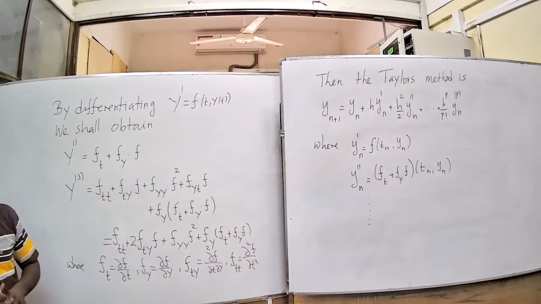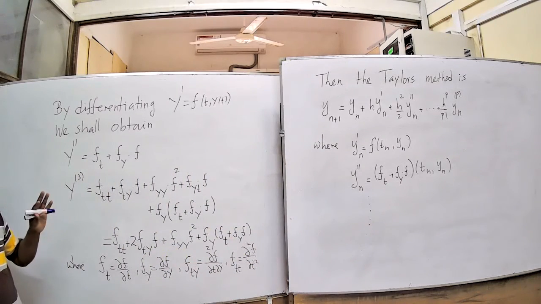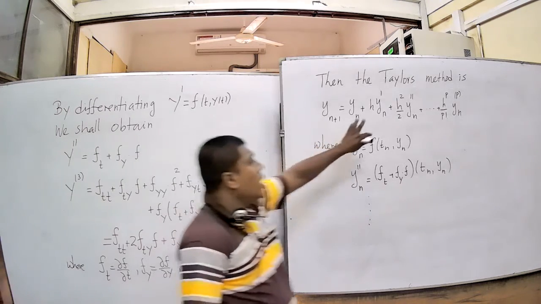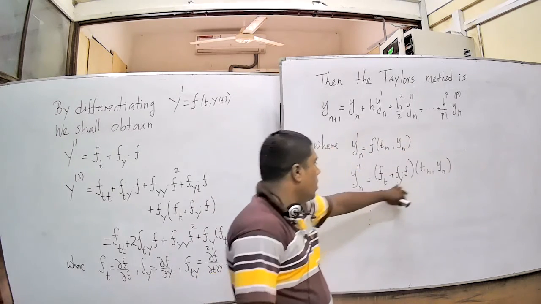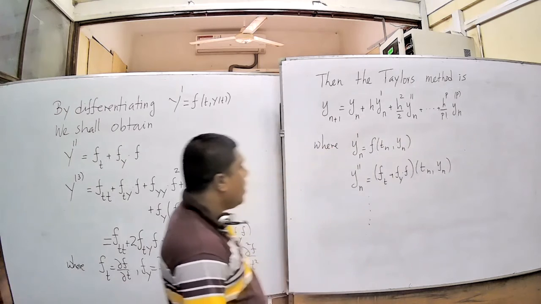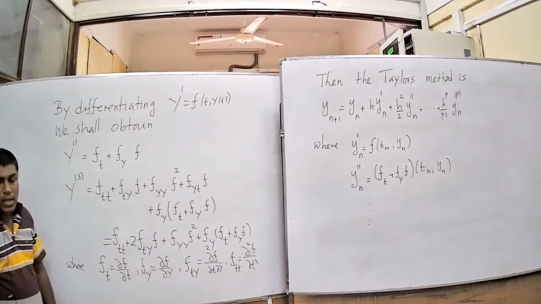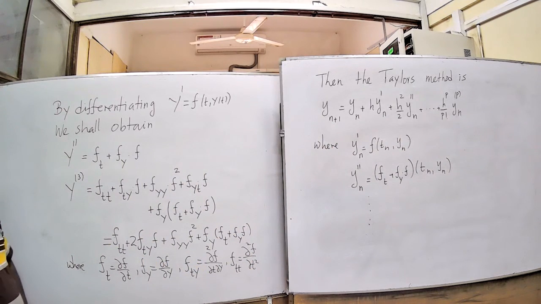You can see that there are no derivatives of y here. All of them are written in terms of the right hand side function f and its derivatives. So you can always find the derivative of the right hand side function because that function is always known. So this is how you do the Taylor's method, and clearly the convergence is clear.